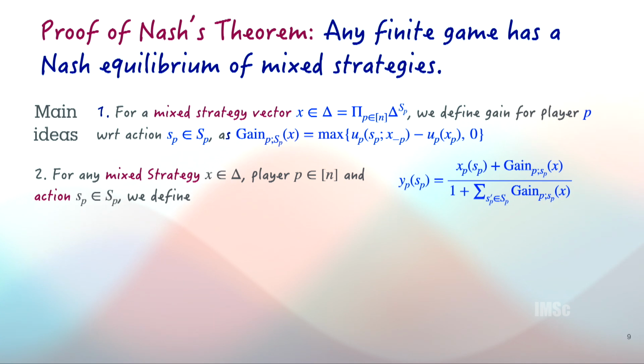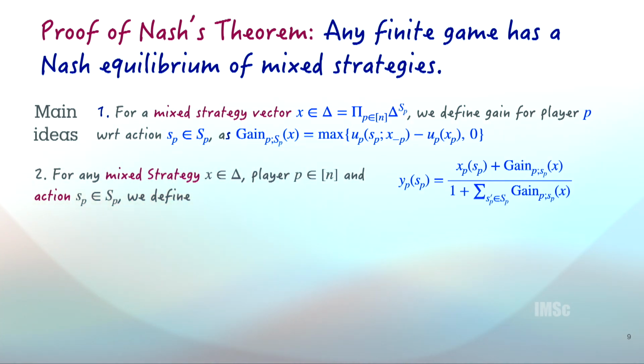I claim that when I look at the vector yp, which is yp action 1, yp action 2 and so on and so forth, to prove that yp constitutes a mixed strategy, what do I need to show?